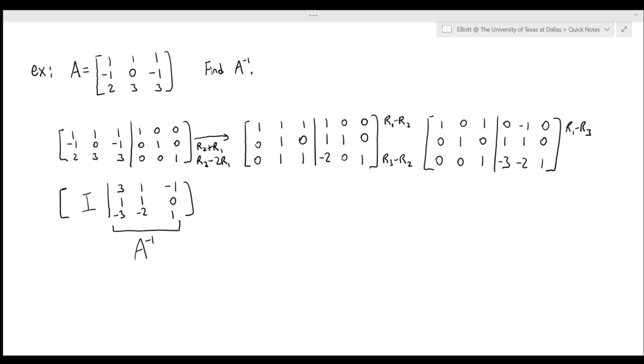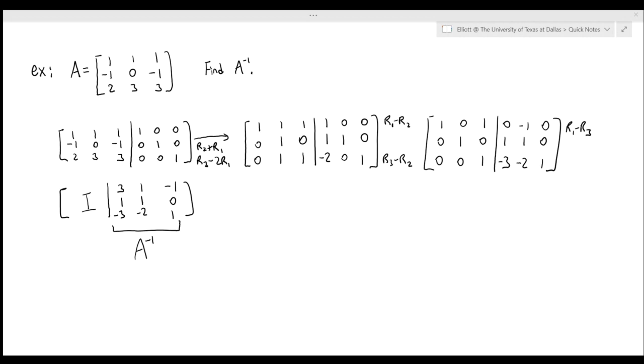But occasionally, you might need to swap rows, perhaps, in order to get a 1 in the diagonal entries. You also might need to multiply a row by a non-zero constant.